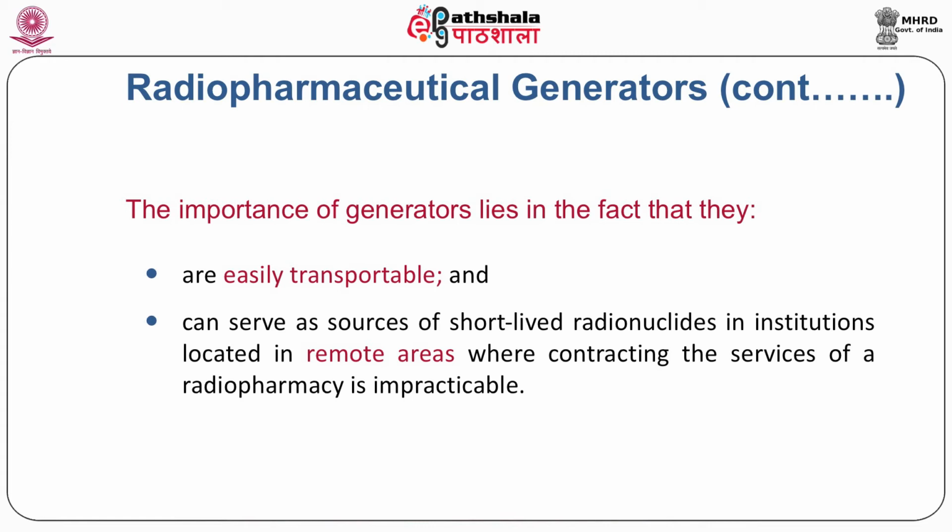We don't want to transport the radiopharmaceutical itself, but we give the radionuclide generator to that particular hospital, where the purpose is to elute the technetium produced from molybdenum, and finally tag it with different kinds of compounds to make a radiopharmaceutical, and then use it to diagnose a disease or for treatment purposes.